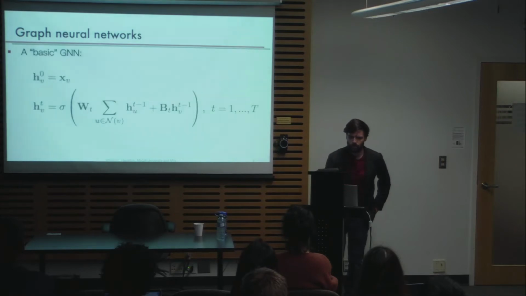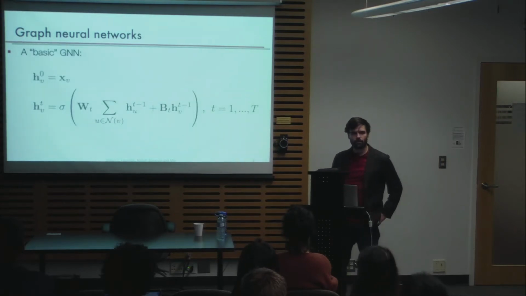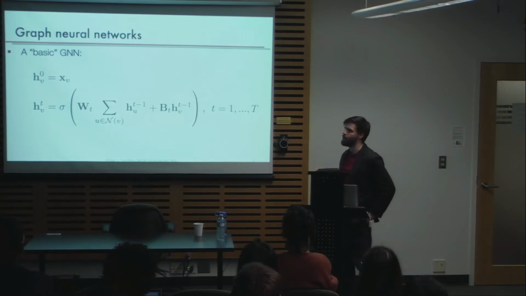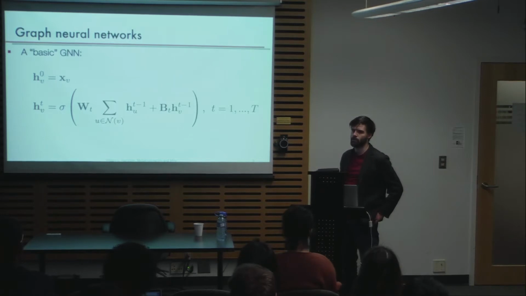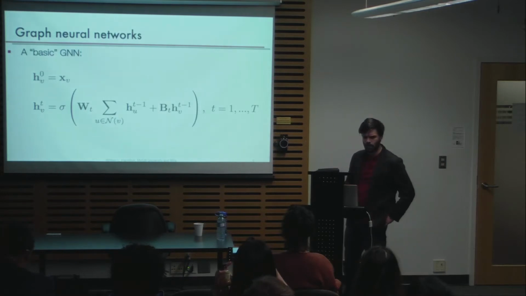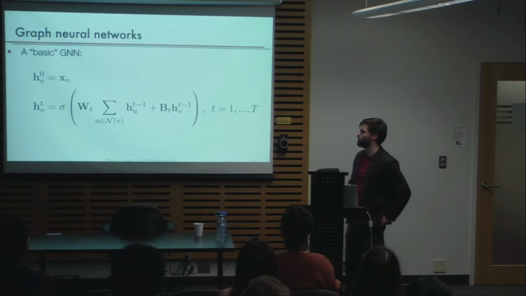So it's perhaps easier to understand that component in terms of the actual equation. So here I'm going to introduce what I call a basic graph neural net. There are many varieties of graph neural nets. Almost everything I'll talk about today will apply to the vast majority of graph neural net models published in the last few years. But it's easiest to talk about things with respect to this basic graph neural net model, which was a variation of this first proposed by Scarselli and Gori in 2005 or so.